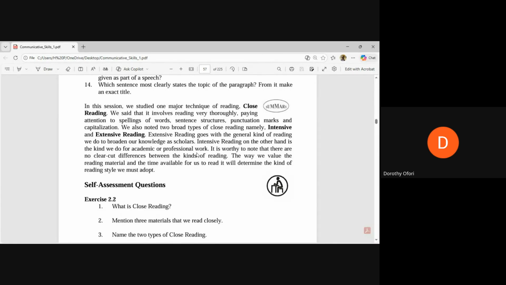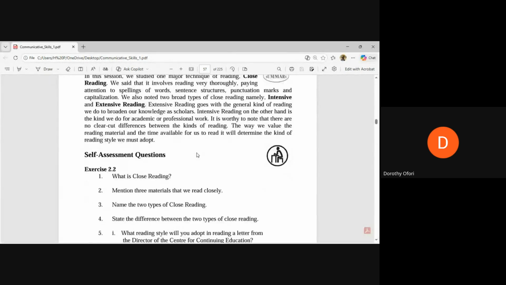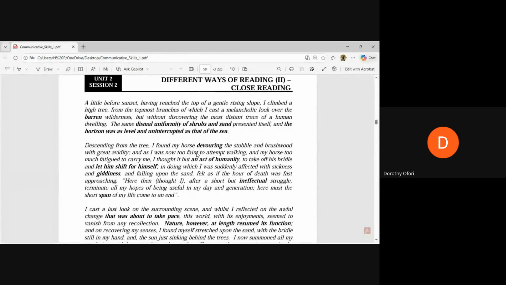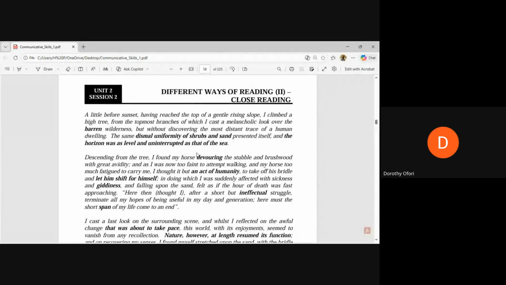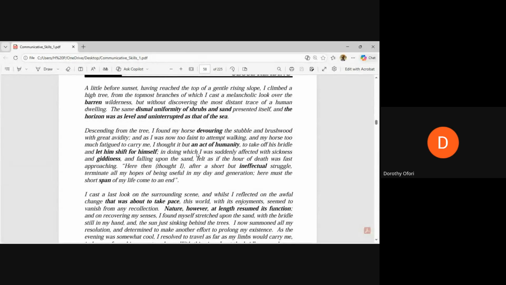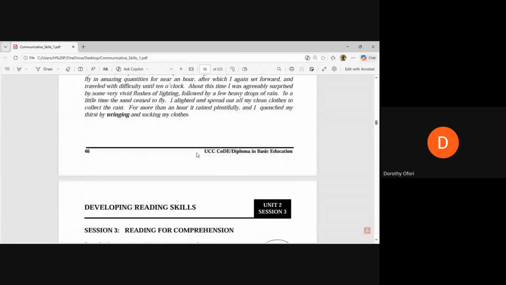Extensive, reading outside your field to get additional knowledge, to broaden your vocabulary. Then intensive reading, reading within your field for professional or academic purpose. So different ways of reading. There is an example here, so you can go through.